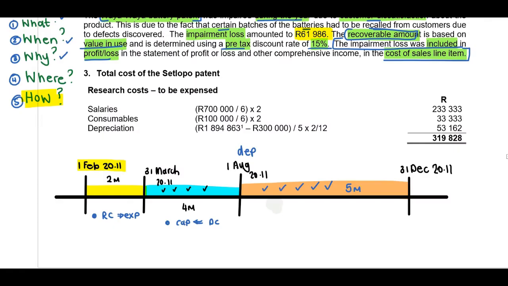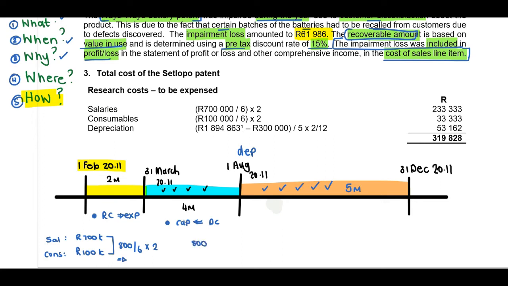Therefore, on our timeline, at the bottom, we now have our salaries and we have our consumables. Salaries, which is the 700,000. Consumables, which is 100,000. I'm just going to add this, right? 800,000. Divide this by 6 times 2. This is our research.